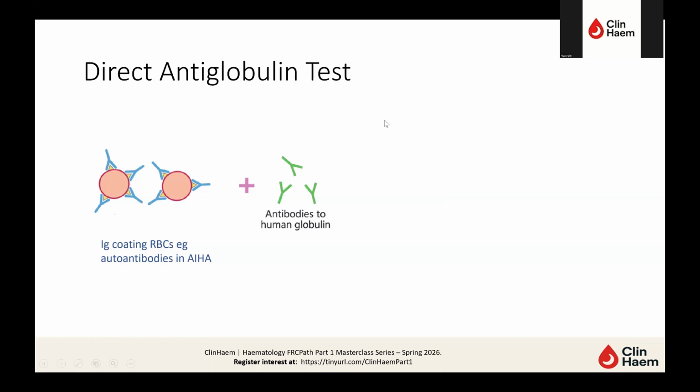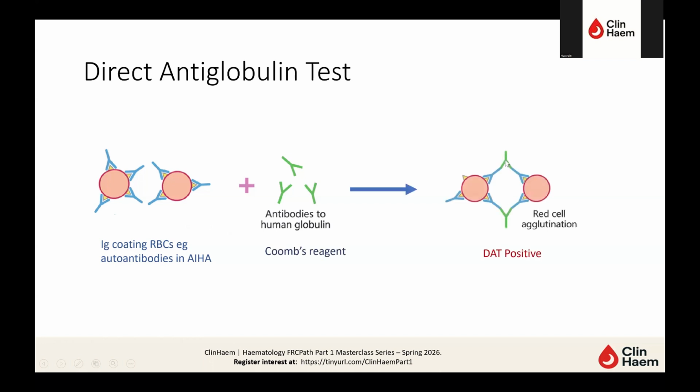If you add that here, in this patient, the anti-human immunoglobulin in the Coombs reagent will bridge the autoantibodies, bring the red cells together, and cause agglutination, which is seen here. This is one of the methods to do that. This is a positive reaction for agglutination, and we will say that the DAT is positive. So patient cells plus Coombs reagent, if there is agglutination, that's DAT positivity.